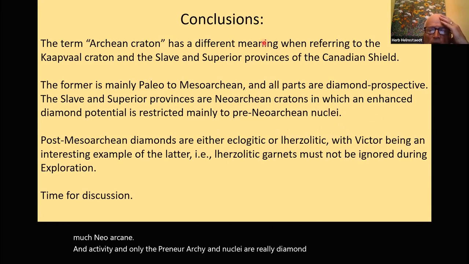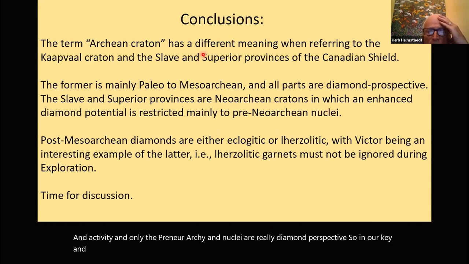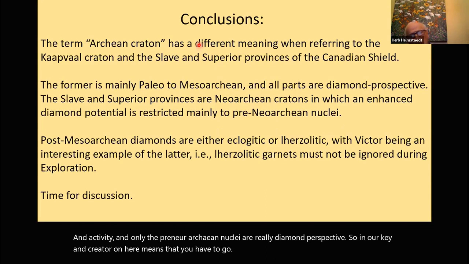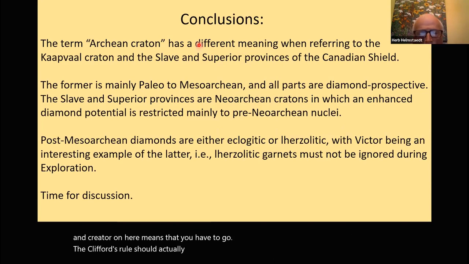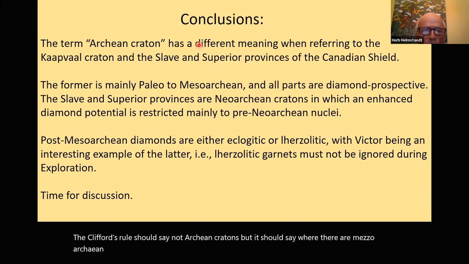So an Archean craton here means that you have to go, Clifford's rule should actually say not Archean cratons, but it should say where there are Mesoarchean roots to the craton, and not the Neo-Archean parts.